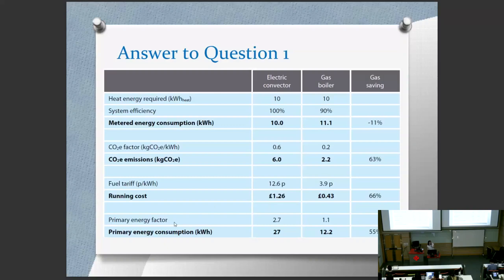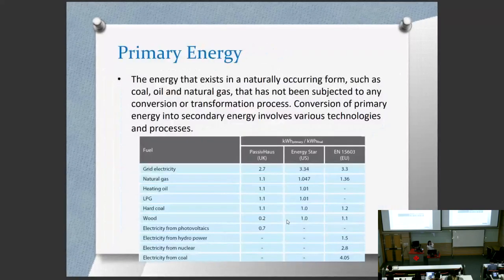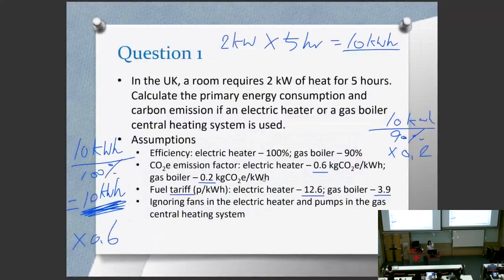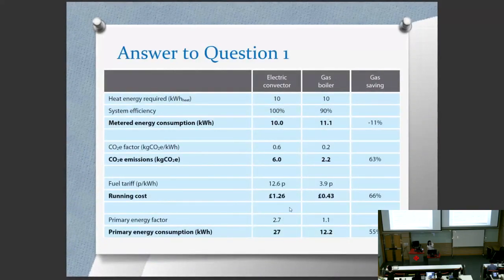And the primary energy factor for electricity, in the table earlier, we have 2.7 for electricity, and natural gas 1.1. So referring to the primary energy factor, using 2.7, 10 multiply 2.7, and we have 27 of primary energy consumption.